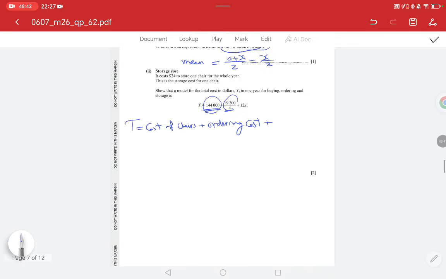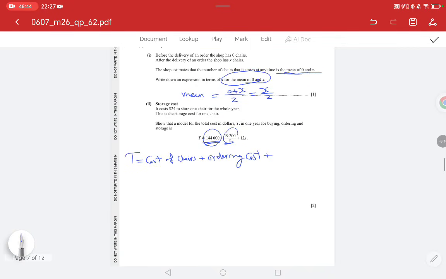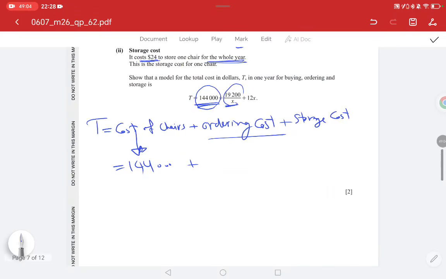Plus we have the storage cost, $24 for 1 chair for the whole year. So let's write storage cost, and then we substitute it. So this one, which is 144,000, the ordering cost, which is this one, because they are the same, nothing to change.